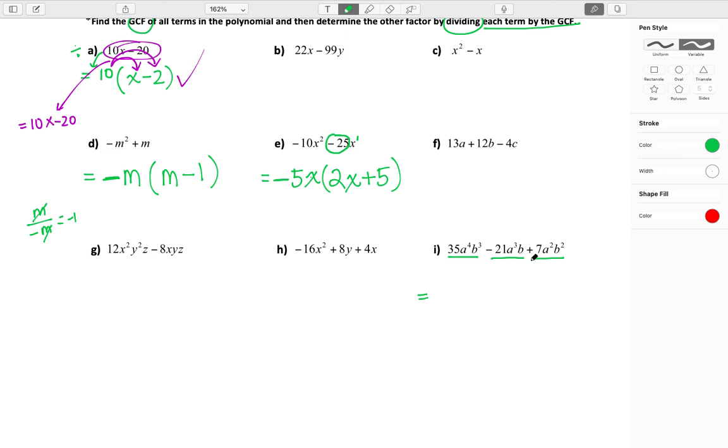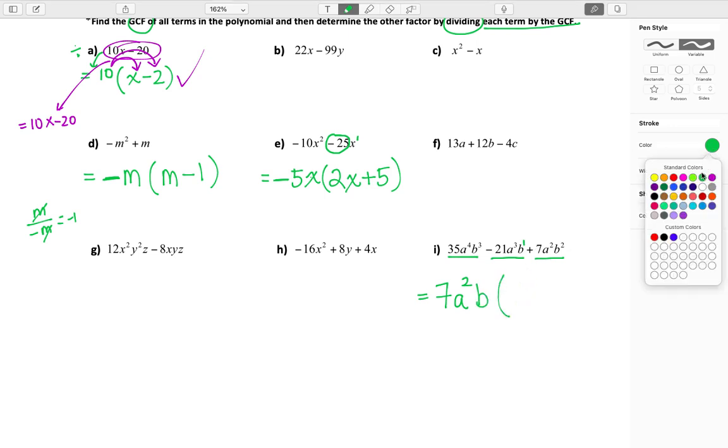Well, it looks like 7 goes into all 3 terms, and that's the biggest number that goes in. And then for the variable, it looks like all of them have a and b, but we have to choose the one with the lowest exponent, so a is 2. And for b, the lowest exponent is 1. There's 1 here, so b to the 1.